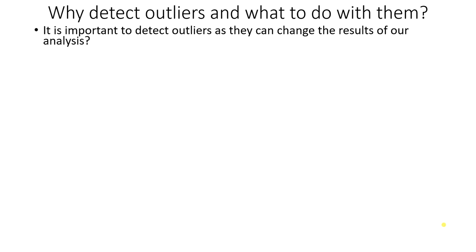Suppose there are only two persons who reported that they spend rupees 500 per day, and the rest of the participants reported between 10 to 50. Then the mean will definitely be between 10 and 50 if we remove the two outliers of 500. But when we keep those two outliers, the mean will be higher than 50. So the results are highly influenced by the presence of outliers, therefore their detection is necessary.